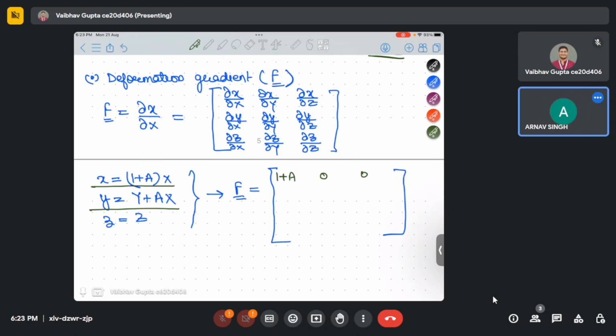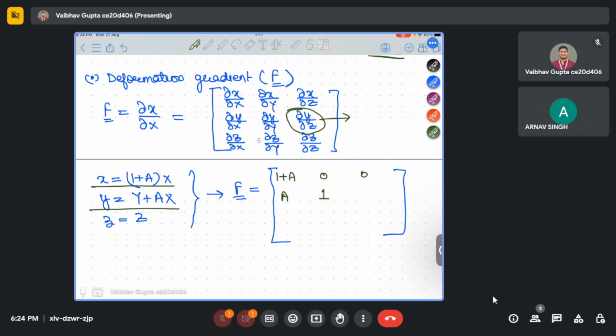Small y with respect to capital X. Only derive the x term, so it is a. What is dou small y by dou capital Y? Only the y term will be derived. Partial derivative means it will only derive those terms which contain that variable. It will derive the capital Z term in the small y equation.